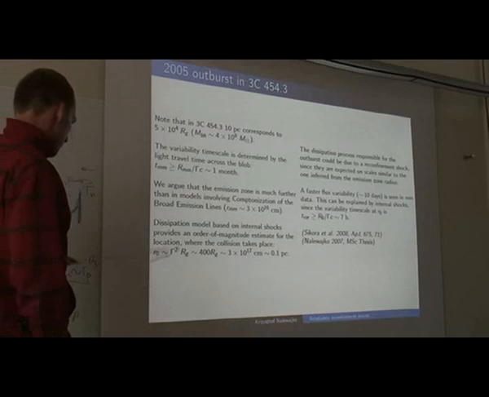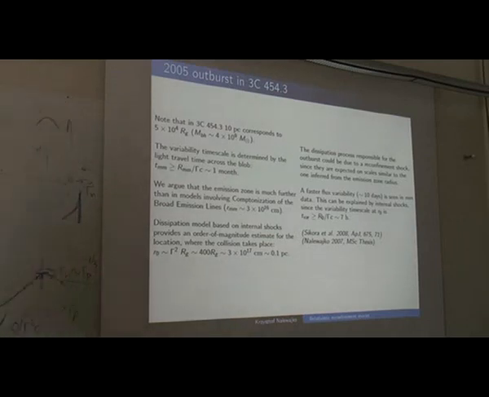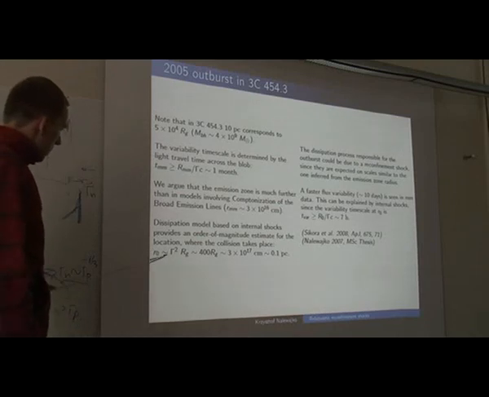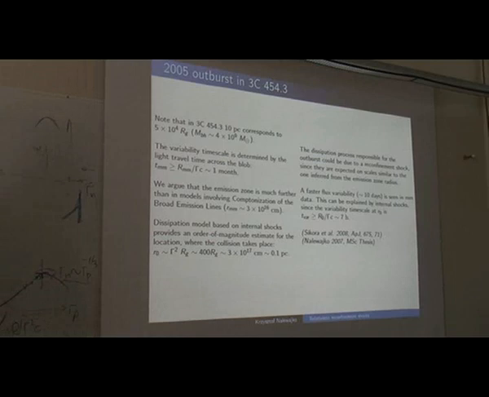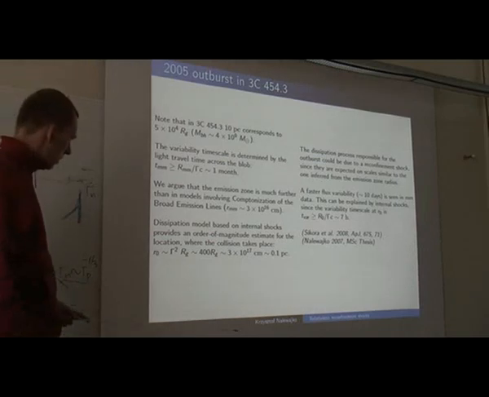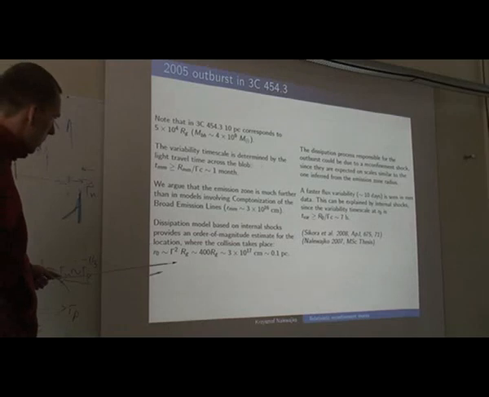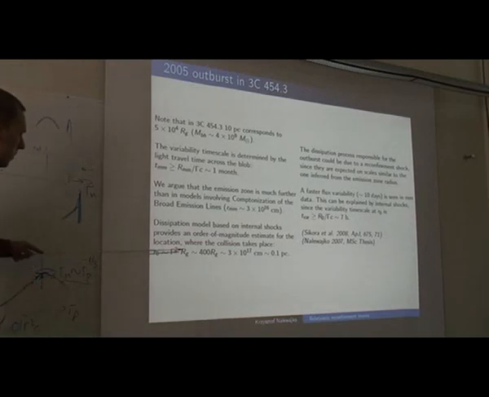Okay, so this is the point that shows the estimate of the position of the emission zone, a very crude estimate based on the scenario when the internal shocks are involved. This zone is emitting the flares, so if the flares would be connected to the internal shocks.